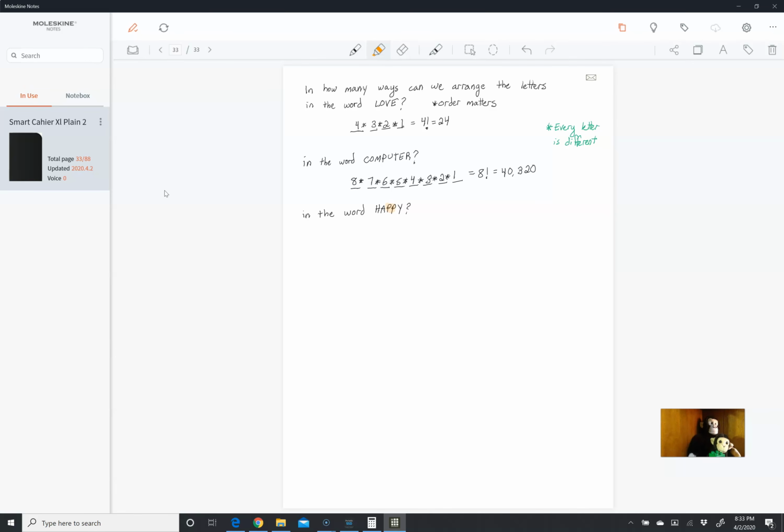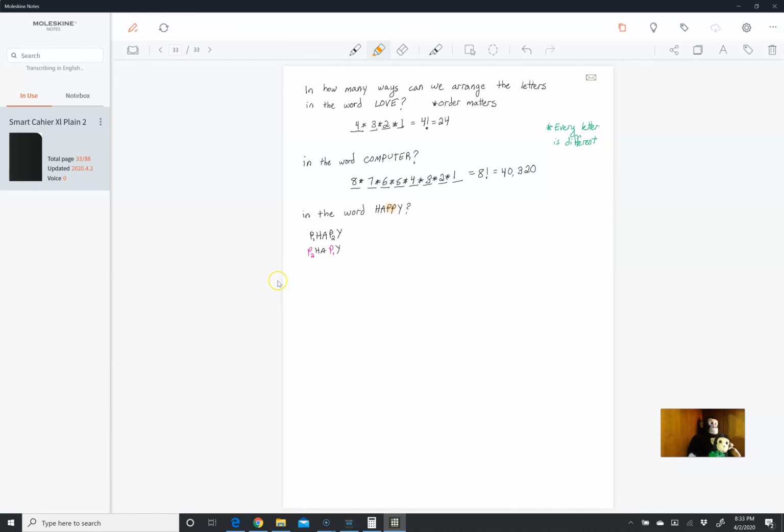So let's take that example. Imagine that this had a 1 and this had a 2. Well, when we do the 5 factorial, it's treating these as different. It's saying, okay, well, P2 and P1 could switch places, and it's counting that as different permutations.